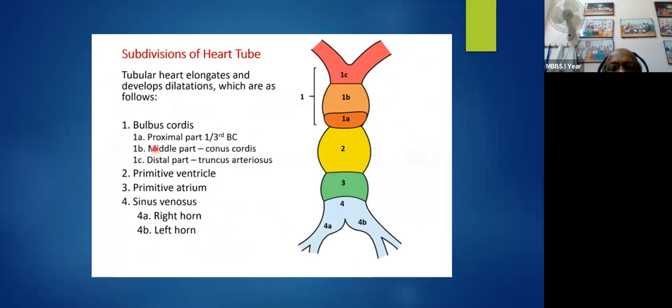Same thing: bulbus cordis divided into conus and truncus arteriosus, primitive ventricle, primitive atrium, and sinus venosus with two horns.